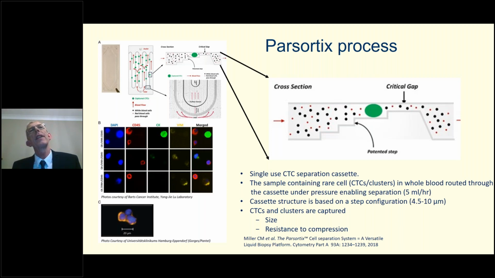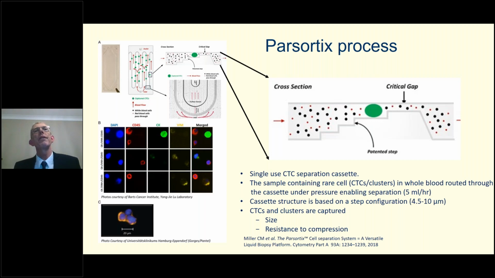So you could see that within this cassette, we could capture a large group of clusters in this particular area of the microfluidic device, whereas smaller cells are going to flow right through, and we might actually capture single circulating tumor cells within this stepwise smaller region shown here.